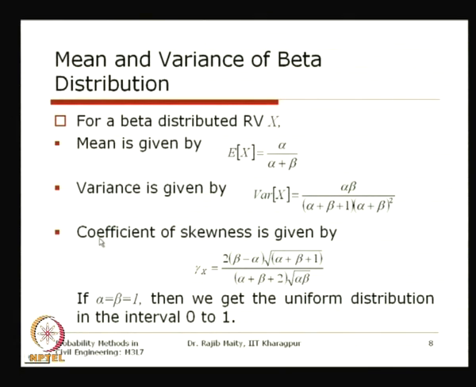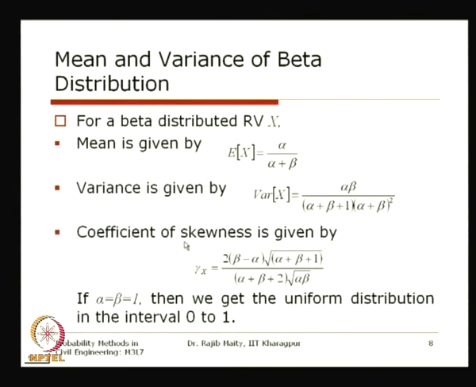Now for the coefficient of skewness, you can see our previous lecture on how to calculate the variance of x. It is the integration over the entire support of any distribution of x minus mu whole square multiplied by the density. It will give you the variance, and if you do it for this beta distribution, it will come to this form.